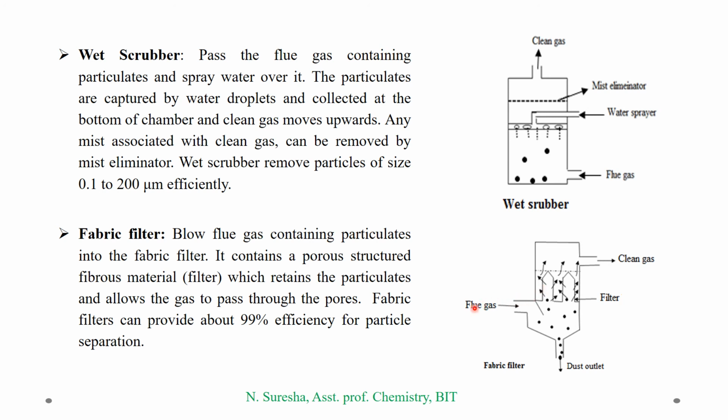Therefore, when the flue gas containing the particulates is blown inside, the gas rises up and passes through these filters. When the gas passes through this filter, the particulates will be collected in these filters and then they move downwards due to gravitational force and collect at the bottom, and the clean air passes through the pores of this filter and can be released into the atmosphere.